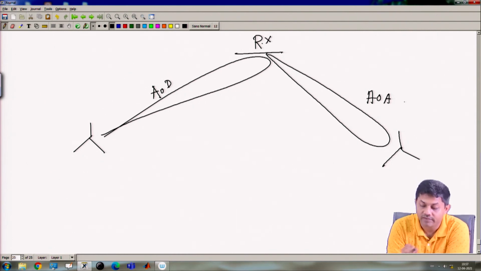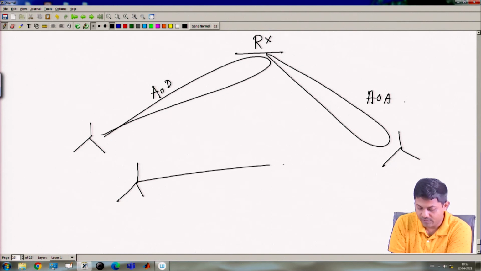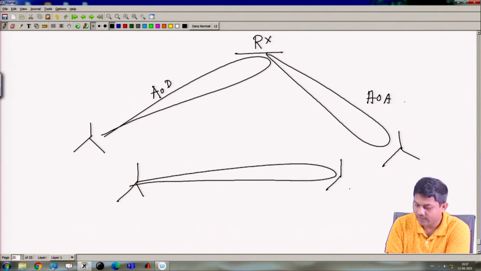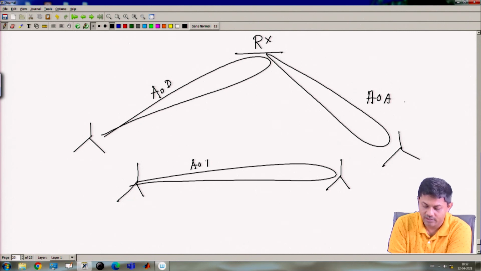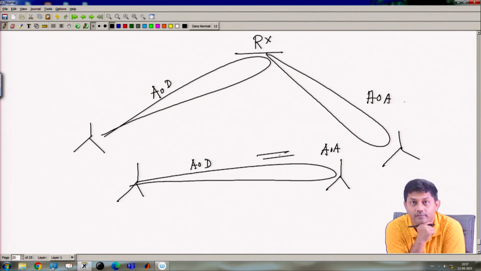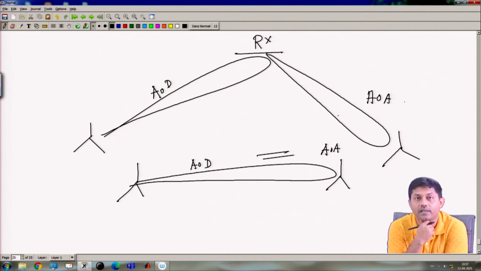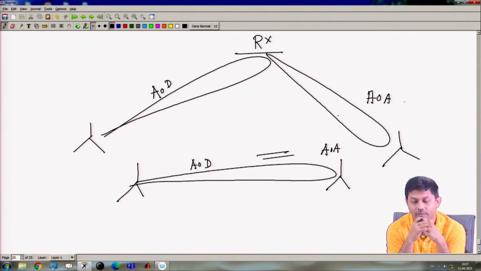But if there is no such reflector, the beam is going like this and my receiver is also sitting in the same direction, so whatever angle of departure is created, in this case they will be equal. Okay. But in the reflector case, the angle of departure and angle of arrival will be different. These are the different scenarios. I can create them for a simulation purpose or a practical purpose. Practical is how it will be, right. You have multiple sets of AOD and AOA, but if it is an LOS transmission, the AOD and AOA would be the same, assuming the receiver is also sitting at the same point.